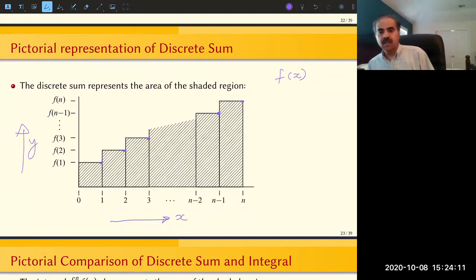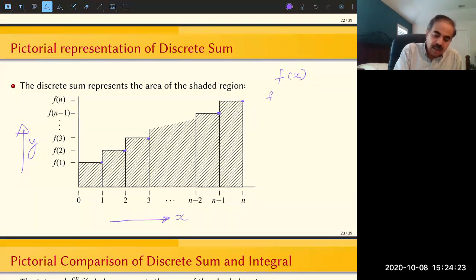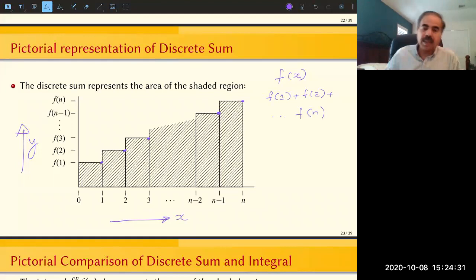So, some arbitrary function. And now what we want is the summation f1 plus f2 and so on. This is the summation that we want to compute.